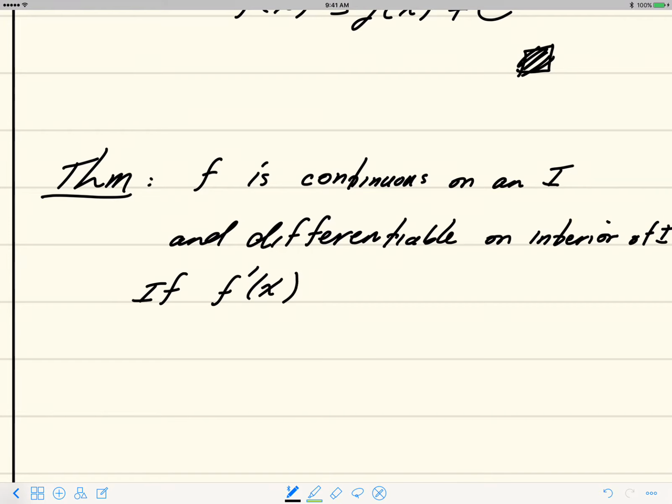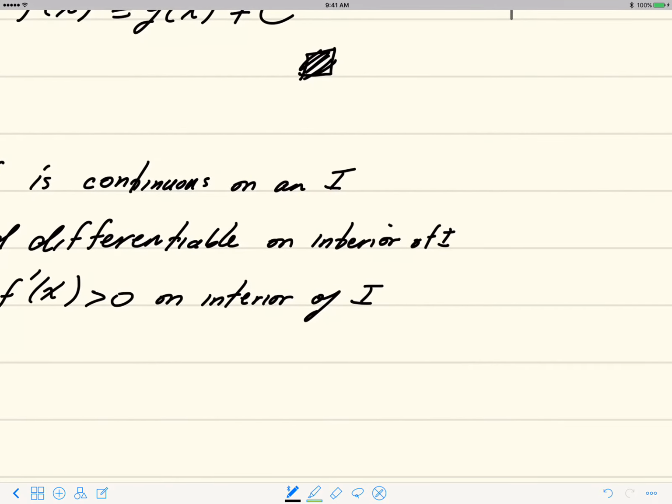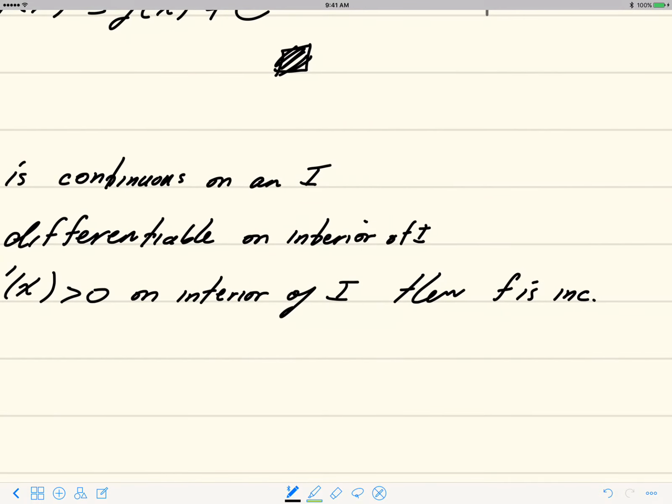If f prime, if the derivative, is always positive on this interval, or let's be more technically correct, on the interior of I, then f is increasing on this interval.